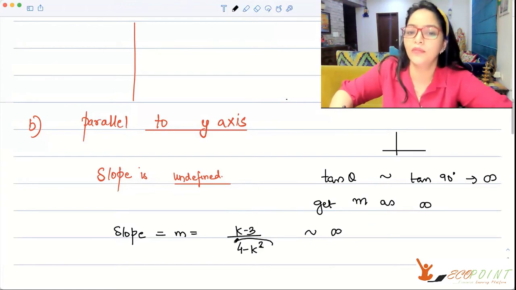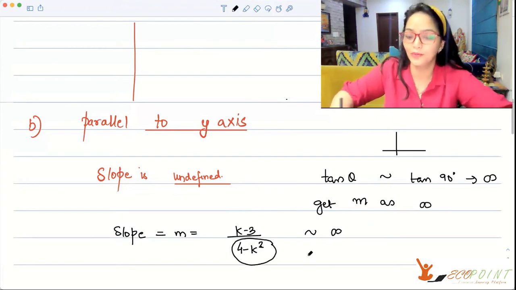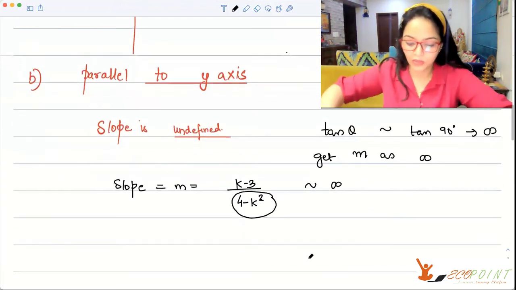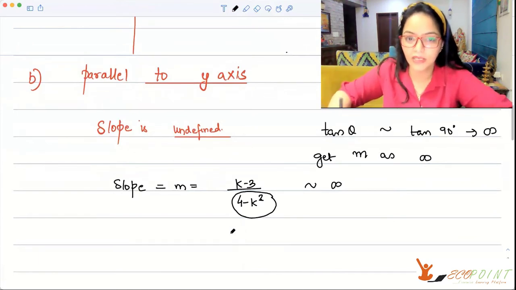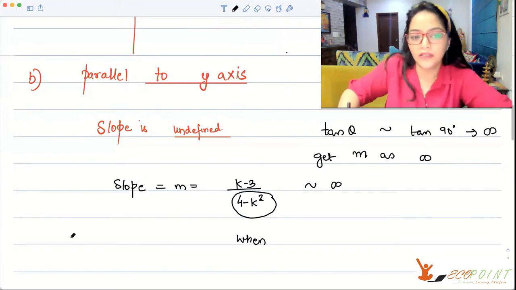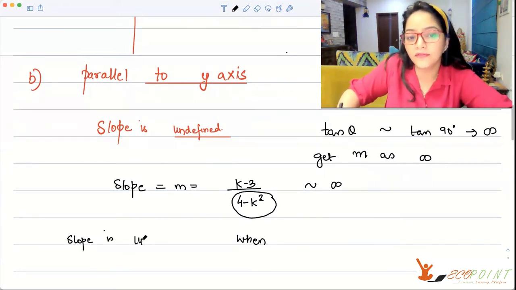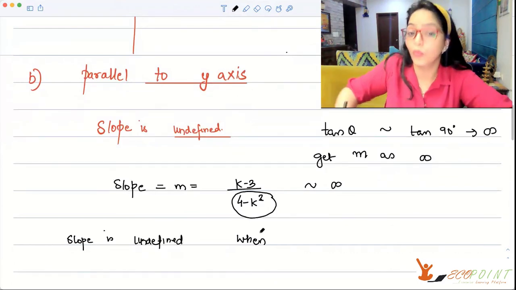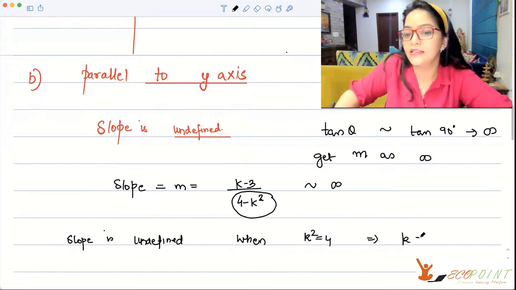That will happen when my denominator is 0, and that means the slope will be undefined, when P square equals 4, or that means P is equal to plus or minus 2.